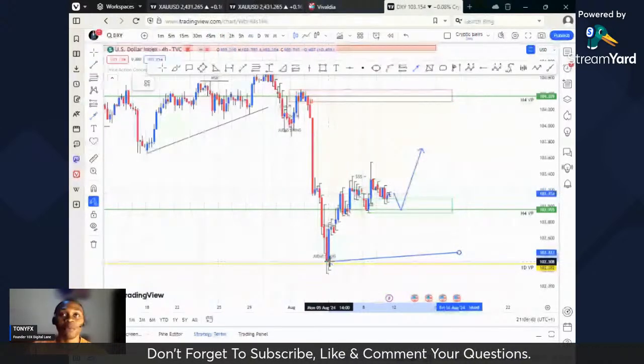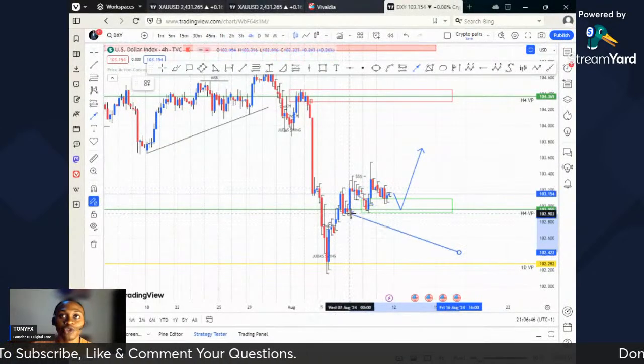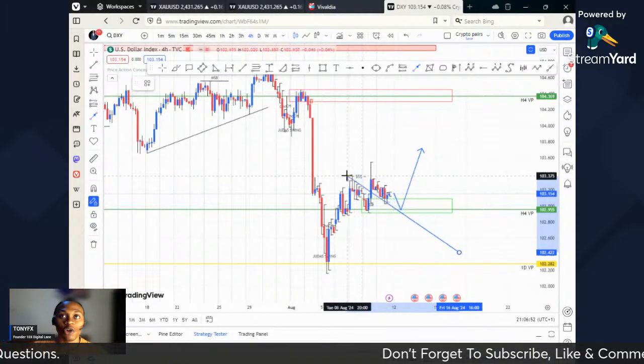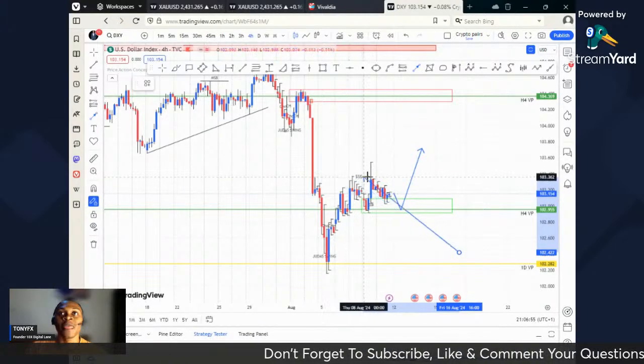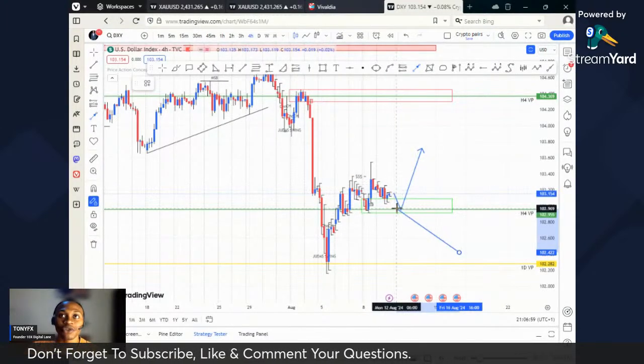So it moved up, had the corrective structure, then pushed up, corrective structure, push up, taking out liquidity above here. This is more like a market structure break, taking an uptrend. I'm expecting a little correction on DXY and then a continuation push to the upside.